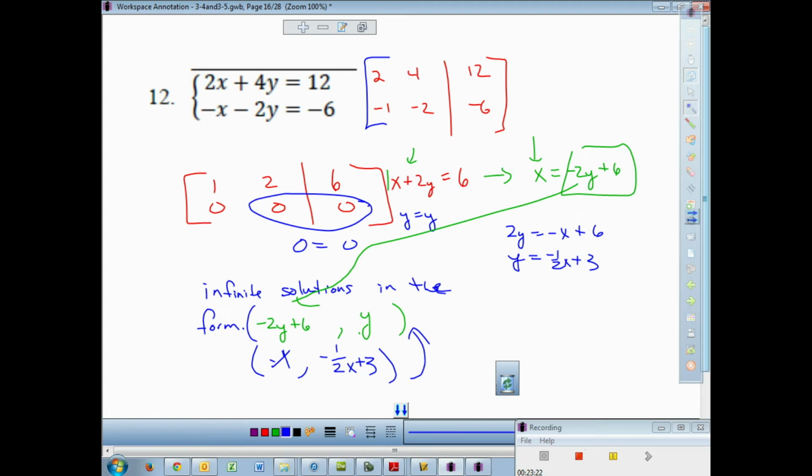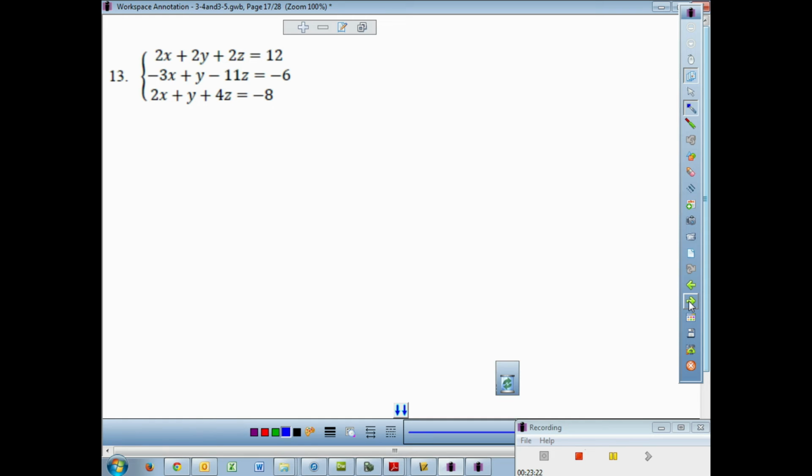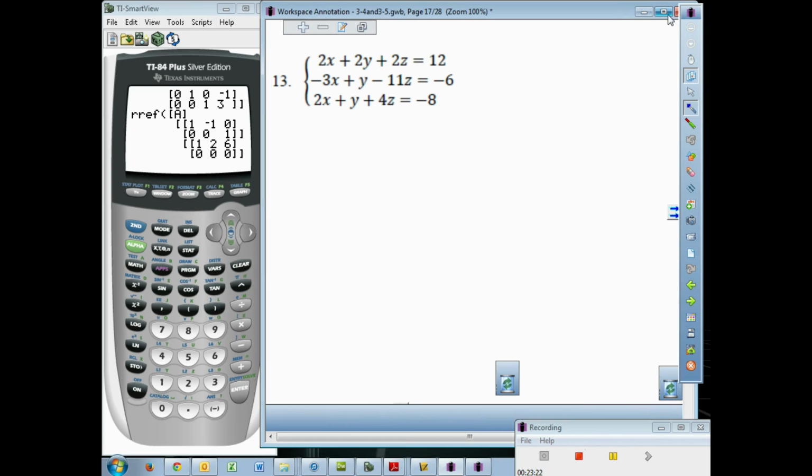If you want to get y all by itself, then this goes in the spot of y. If you want to get x all by itself, then this goes in the spot of x. I kind of drew my arrow backwards. It's up to you. But I wanted to show you this way for when we get the 3 ordered pair situations, like this one right here. Let's make ourselves a matrix and get this puppy typed in.